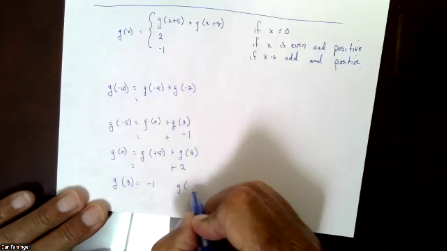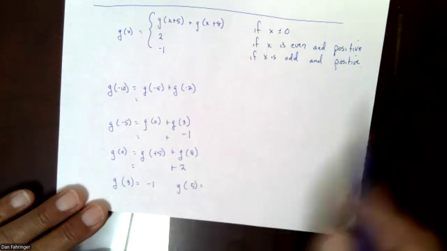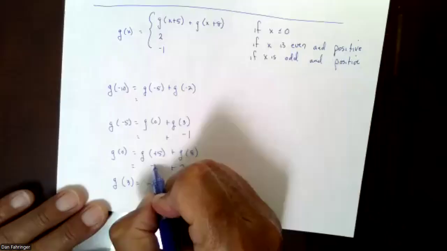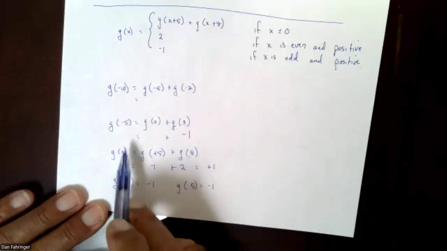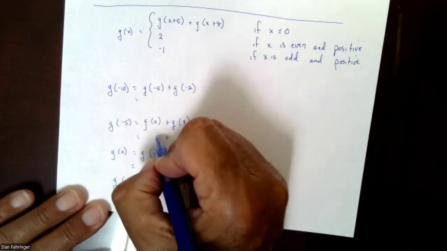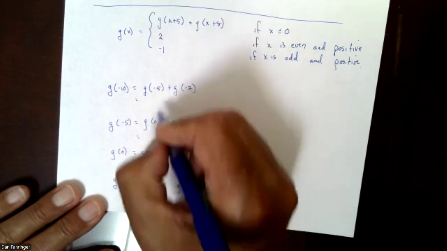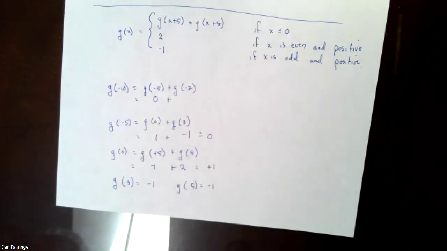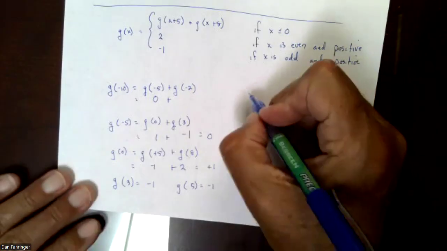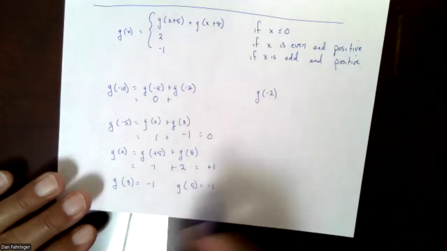What is g of positive 5? Negative 1, which makes this a positive 1. So now I know g of 0 is positive 1. When I add it there, I get 0. So g of negative 5 is 0. And I need g of negative 2, not something I found already.